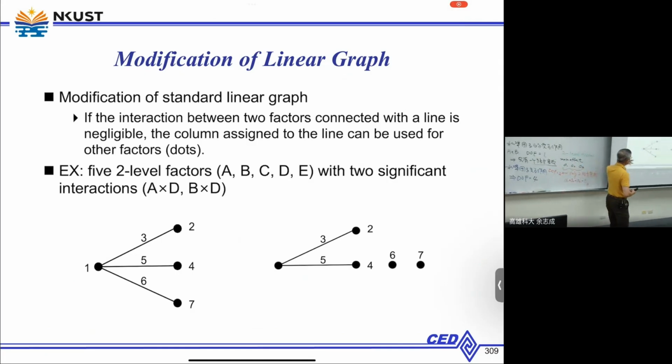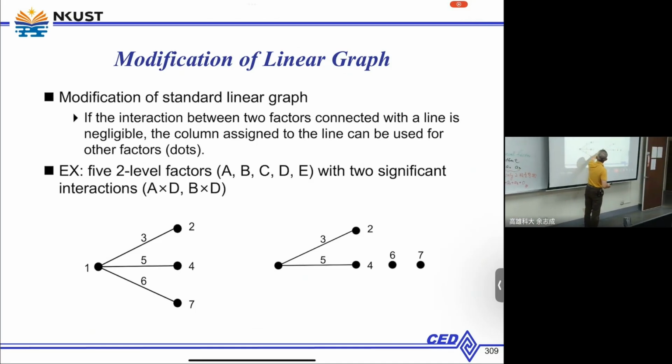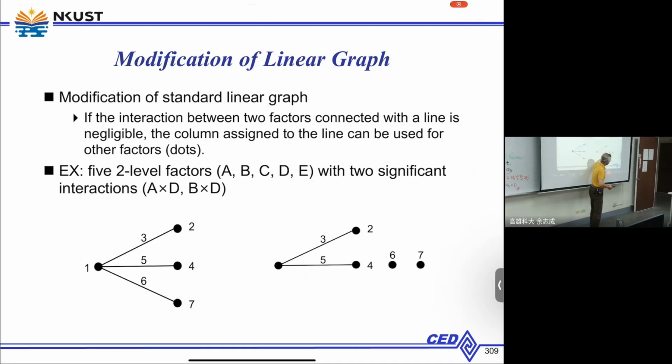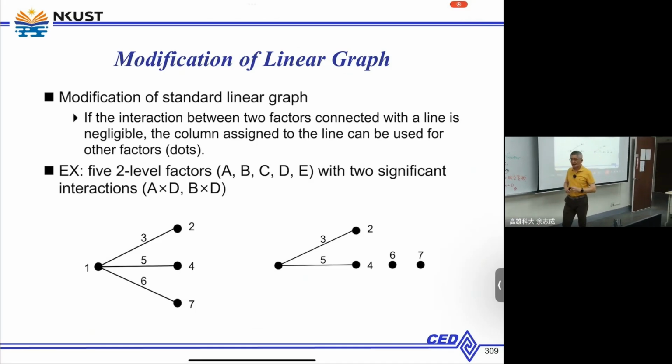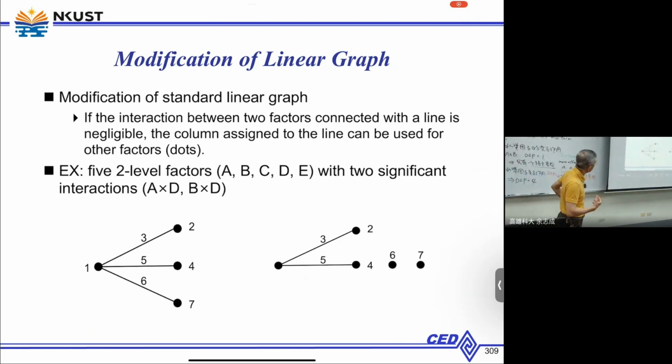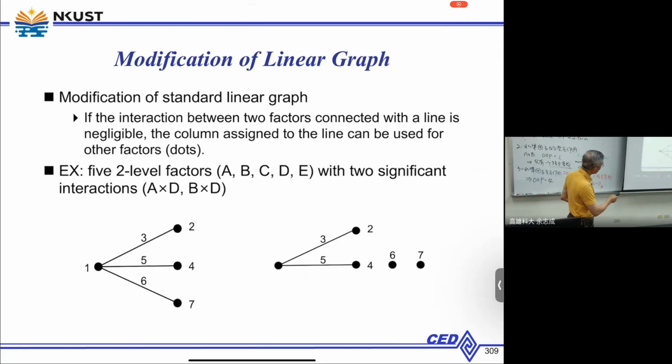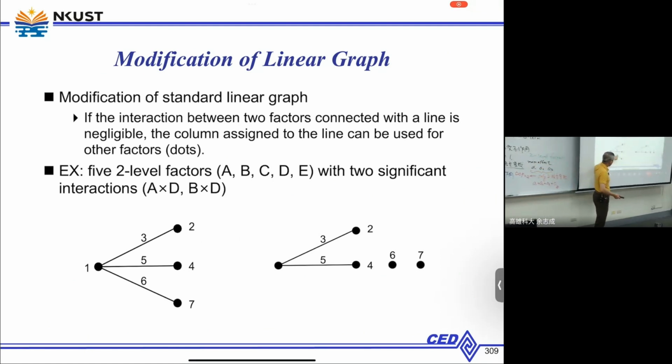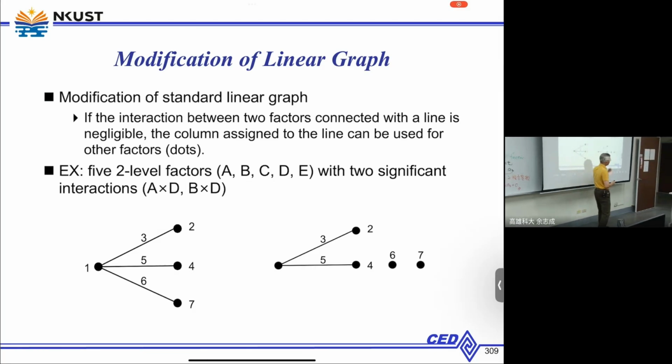Very simple. D appears twice, so D here, A and B here, and the rest of the factors in column 6 and column 7. Any questions? This is one simple modification. If the interaction between 2 factors connected with a line is negligible, then the columns assigned to that line can be pulled out to become a new dot.